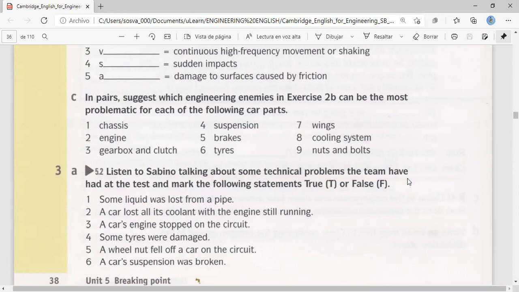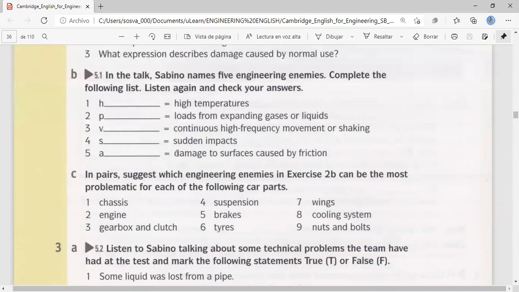We have nine car parts here: the chassis, the engine, the gearbox and clutch, the suspension, the brakes, the tires, the wings, the cooling system, and nuts and bolts. We know the five enemies: the heat, the pressure, the vibration, the shock, and the abrasion.